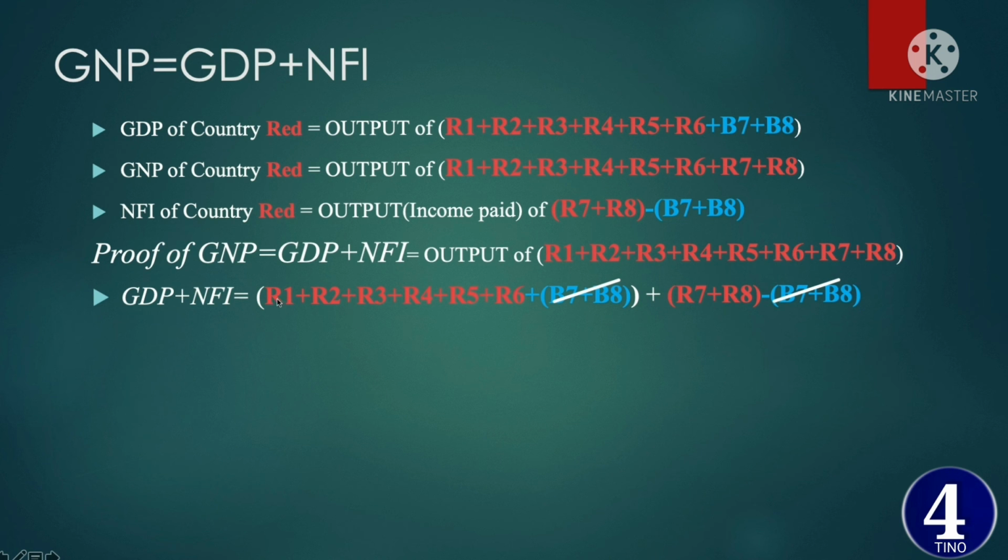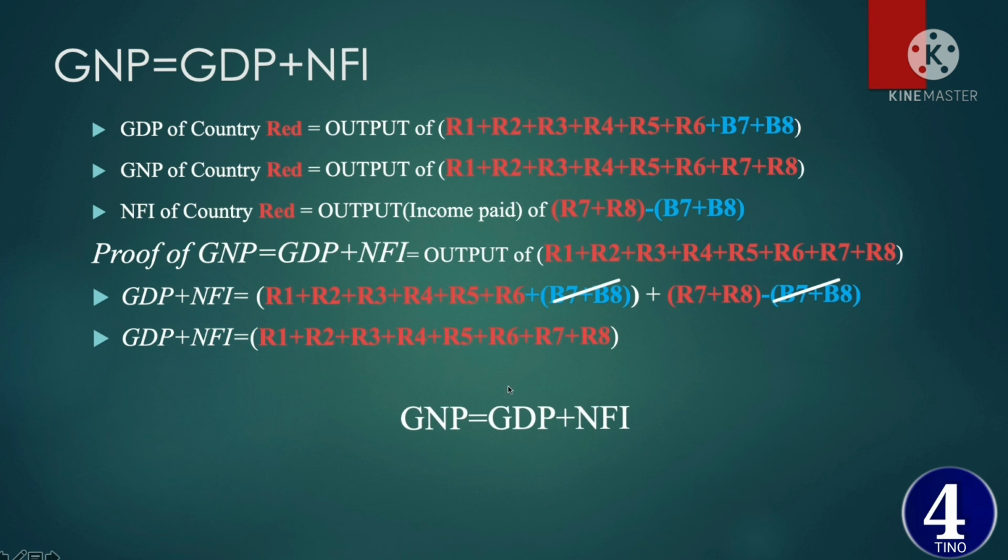So we are left with the whole reds. So GDP plus NFI is equal to R1, R2, R3, R4, R5, R6, R7, and R8, which is GNP. And this result is exactly the same as the GNP of the given country, red, R1 up to R8. So yes, we proved that GNP is equal to GDP plus NFI.